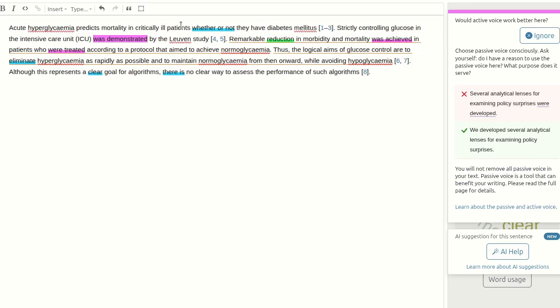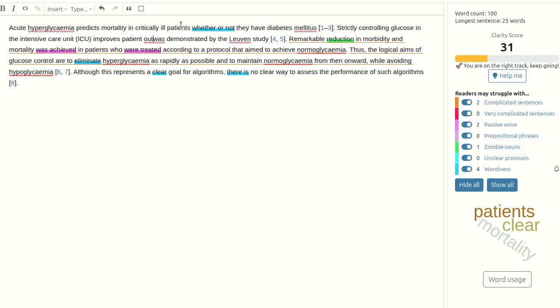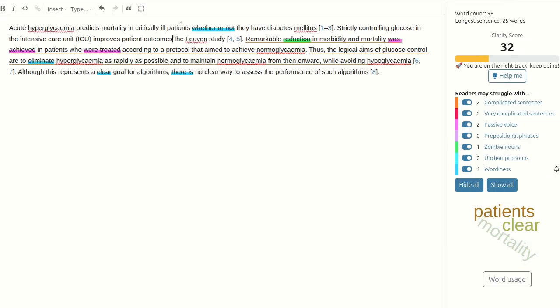Well, after discussion with the author, I learned that it improves patient outcomes. It improves patient outcomes. So now we have the benefit, but we actually name the benefit more precisely here. We give the action: strictly controlling glucose in the ICU improves patient outcomes.